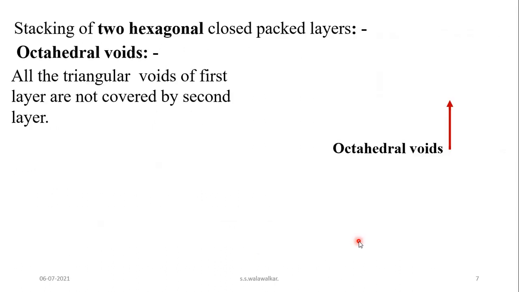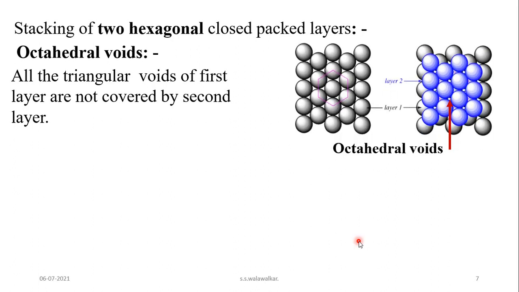Now see here, the second kind of holes, which are not covered by the spheres of the second layer, are called octahedral voids. Here this is the first layer, the grey color spheres show the first layer of hexagonal close packed layer, and here empty triangular spaces are there.